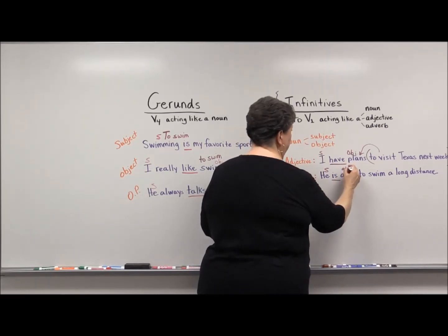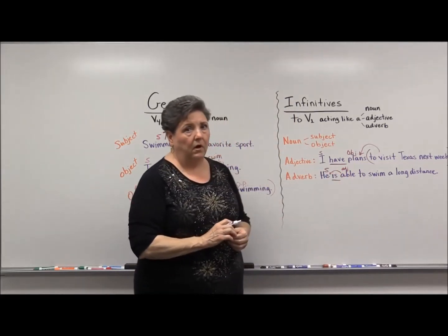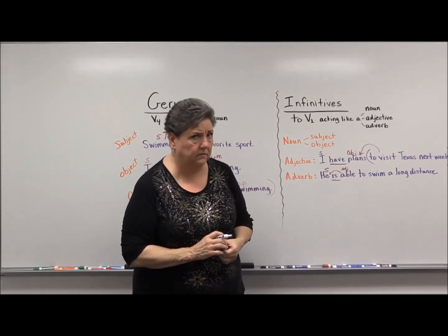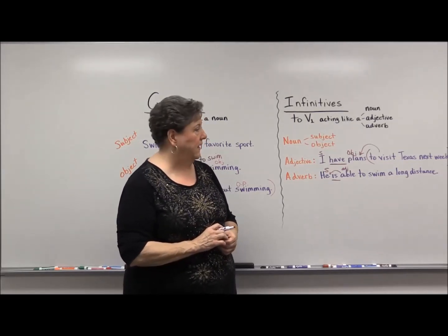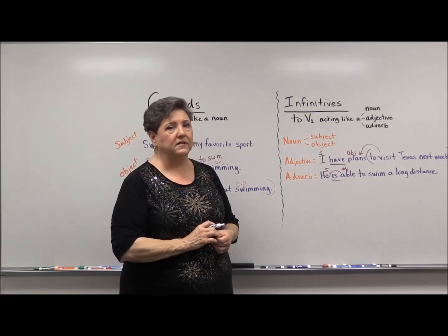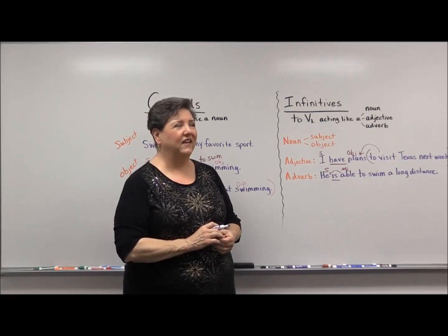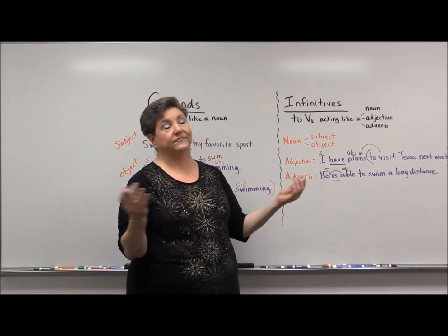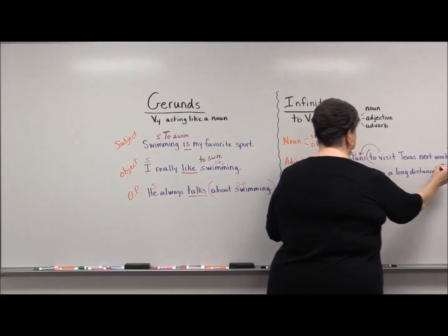Able is an adjective describing him. Well, how able is he? He is able to swim a long distance. That infinitive phrase is describing the adjective able. Anything that describes an adjective is an adverb. So this is how we mark it.